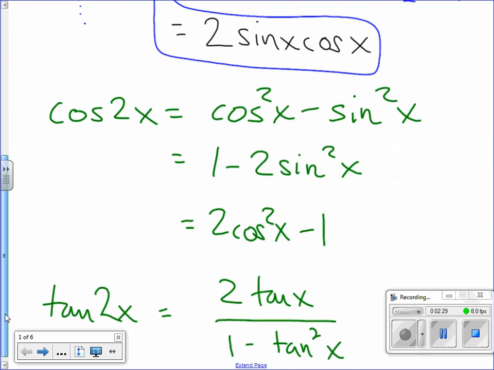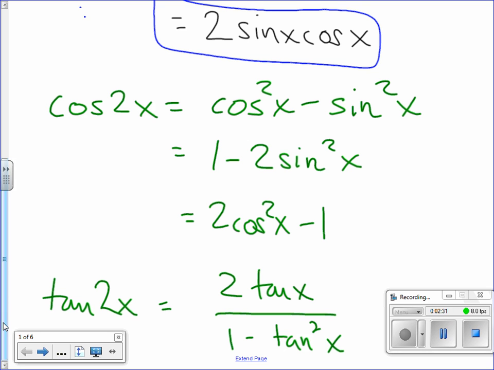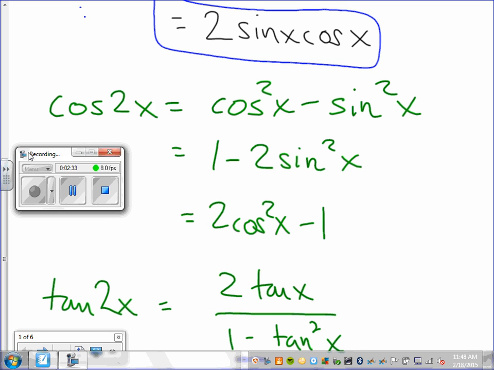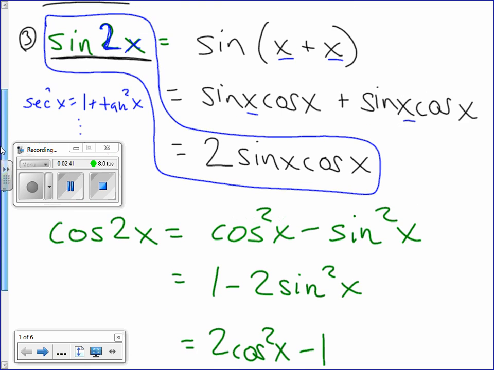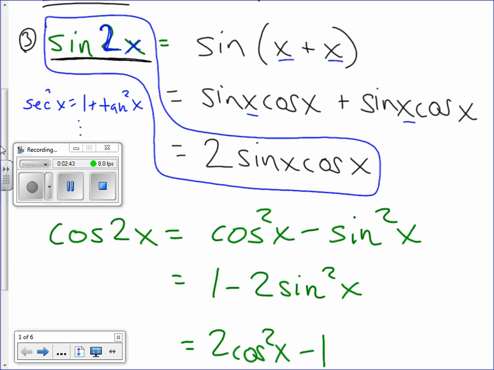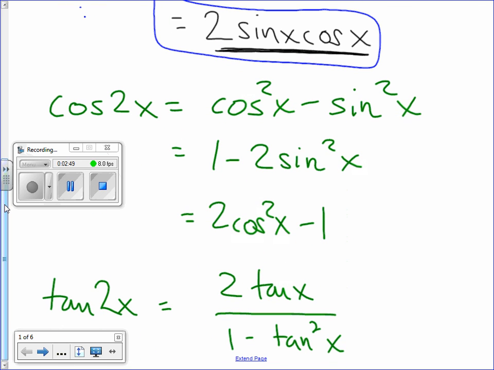And as I scroll down here, what you'll see is the different manifestations of a double angle for cosine. So you can see that cosine of 2x has 3 representations for it, whereas sine of 2x was only equal to this one expression. Cosine of 2x has 3 different equivalent expressions.